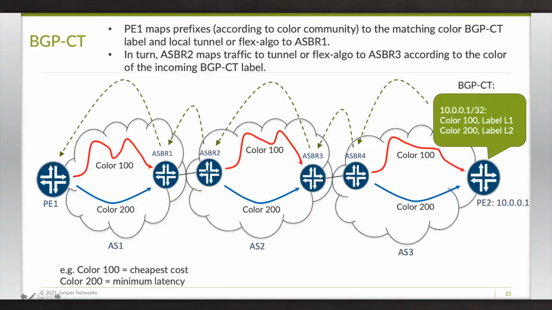At this point, the top label will be the BGP CT label. ASBR2 sees that, knows that it's associated with color 200, and so uses the color 200 transport to reach ASBR3. Similarly, color 200 will be used for this final AS hop, and so the packet, as it travels between and across ASs, will consistently be using color 200 transports.